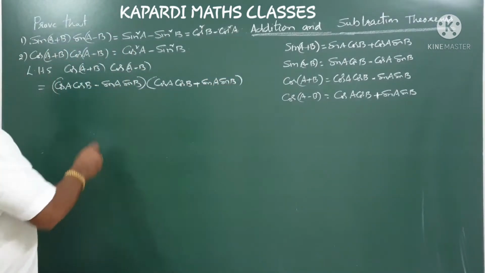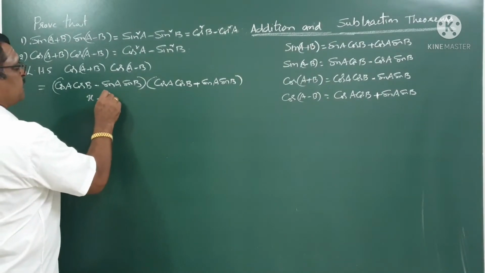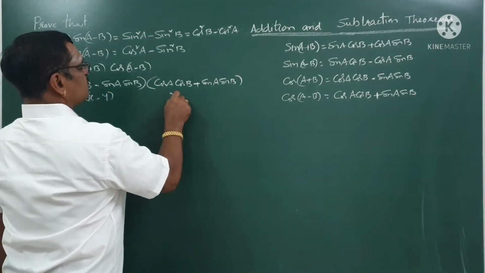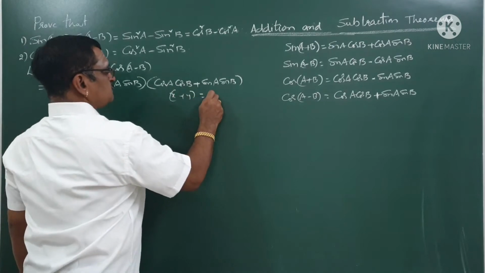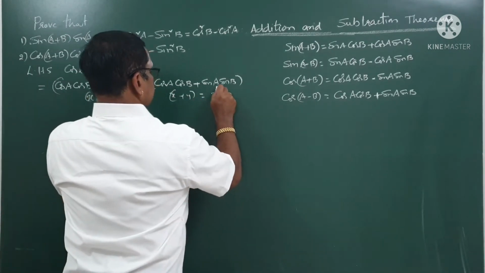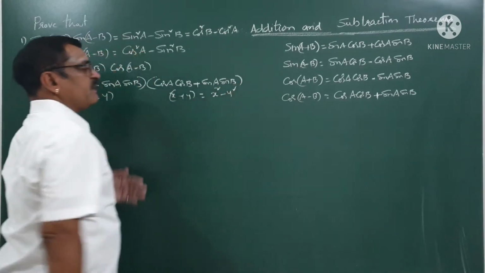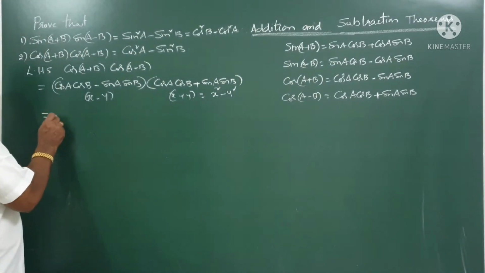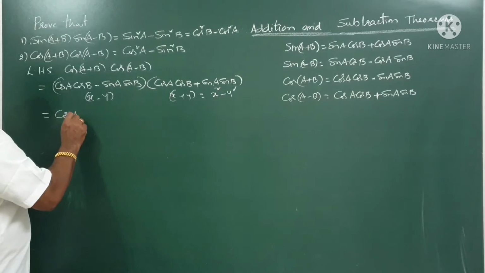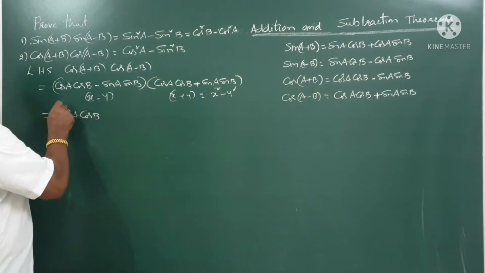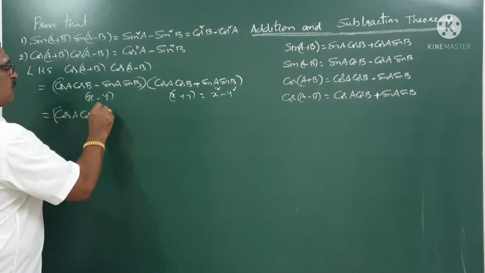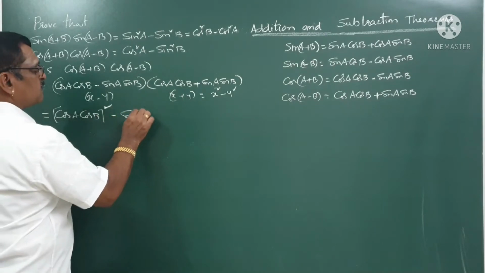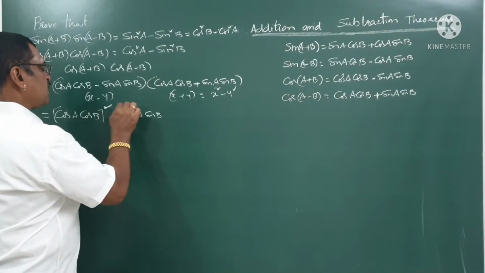And here also you can apply the identity x minus y times x plus y is equal to x square minus y square. Same identity I am writing. So here I will get cos a cos b whole square minus sin a sin b whole square.